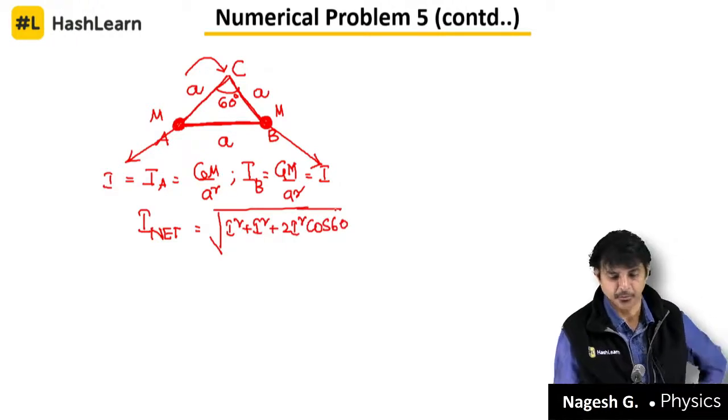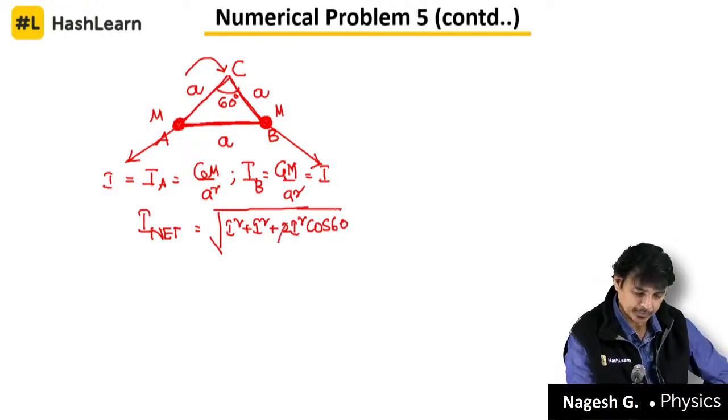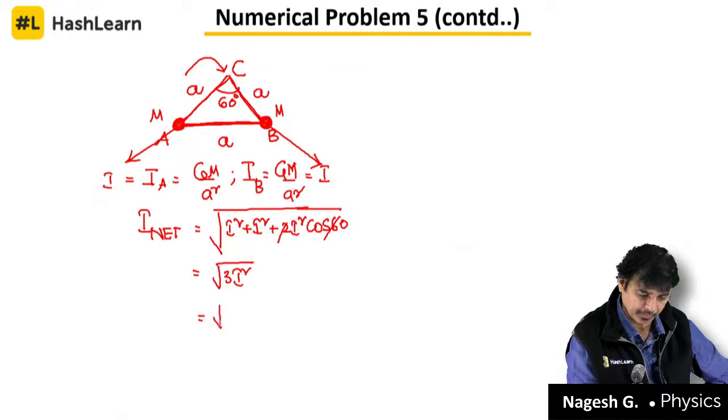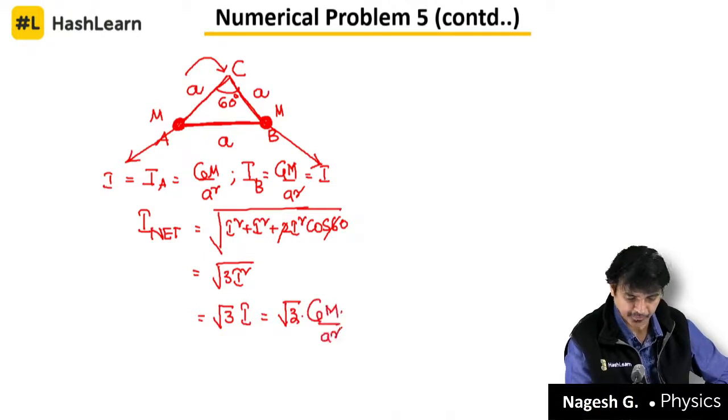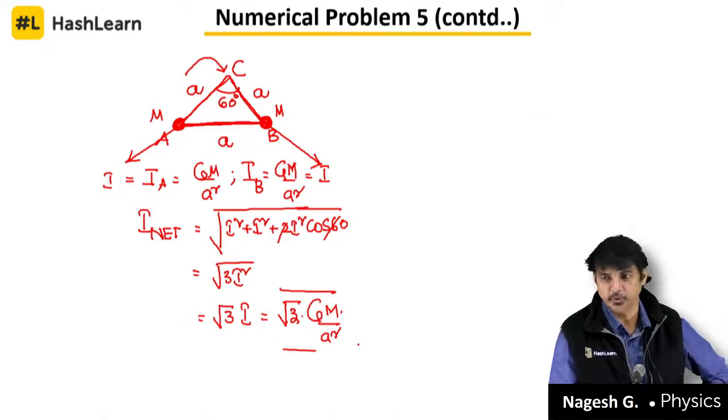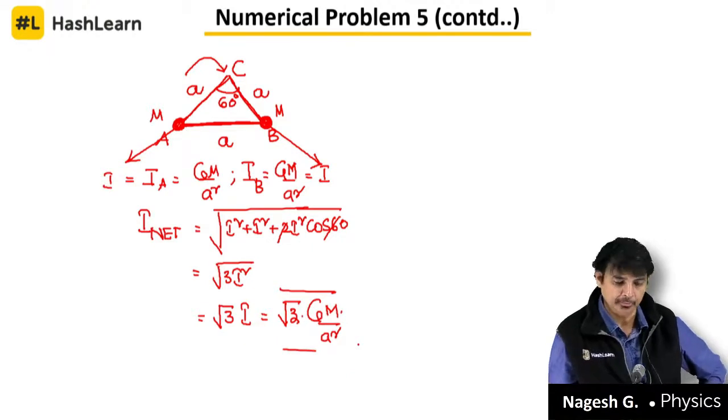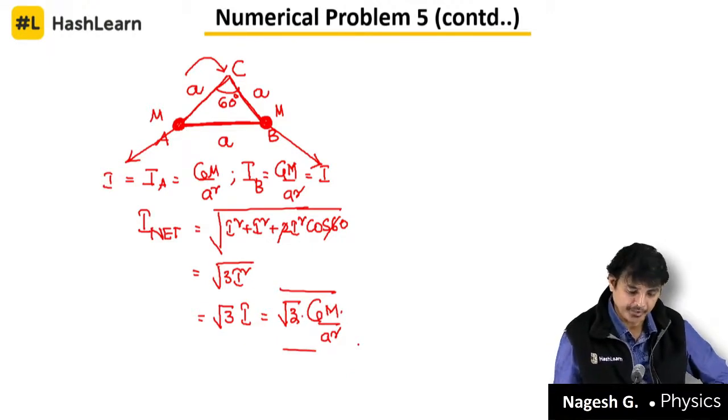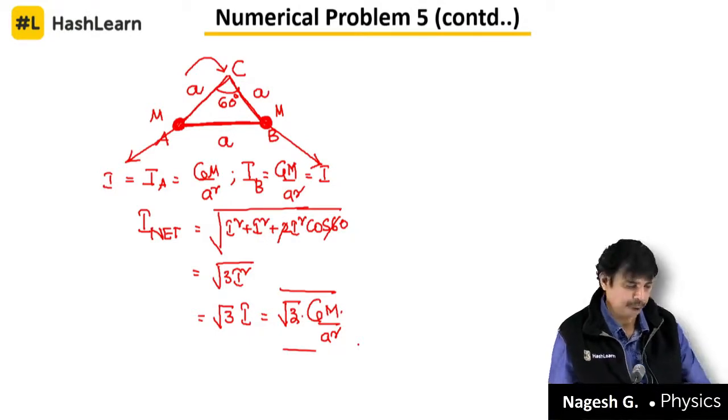Cos 60 value is 1 by 2. This will vanish. That will be equal to root 3 I square. I net will be equal to root 3 into I. That will be equal to root 3 into Gm by a square. This is another model in which the masses are assembled in the shape of an equilateral triangle.